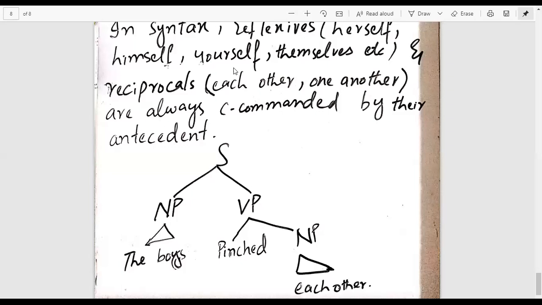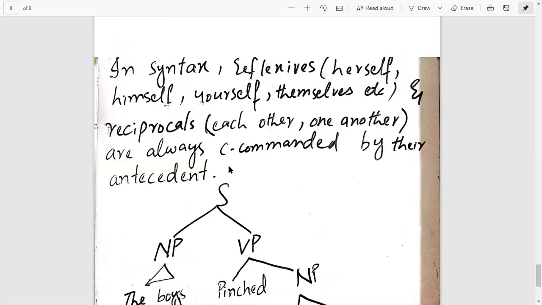Let us check these examples grammatically and also in the form of some words in syntax as well. In syntax, reflexives, meaning reflexive pronouns like herself, himself, yourself, themselves, ourselves, etc., and reciprocals like each other, one another, etc., are always c-commanded by their antecedent.